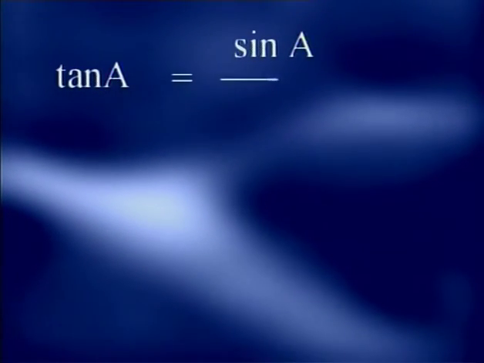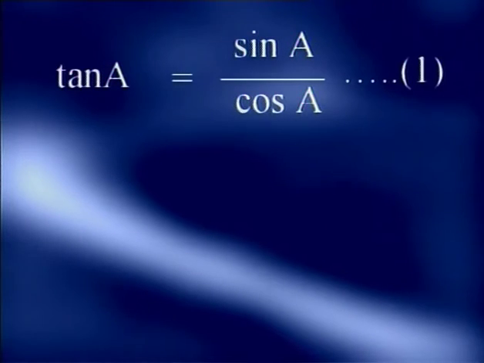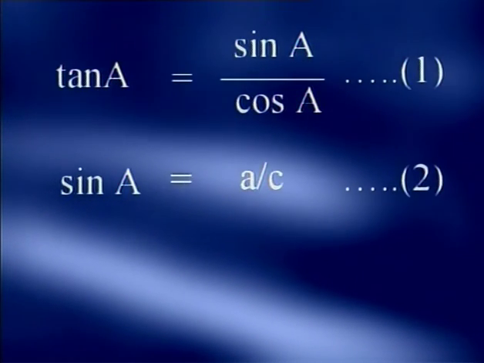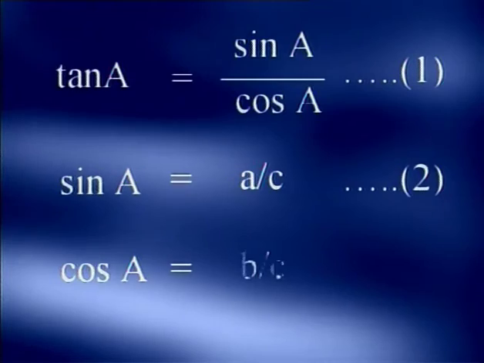So we can derive this fundamental identity from this relationship, that tan A is equal to sine A upon cos A. Just as sine and cosine can be found as ratios of sides of right triangles, so can the tangent. We will use these relationships here. First, tan A is equal to sine A upon cos A. Second, sine A is equal to a upon c and cos A is equal to b upon c.